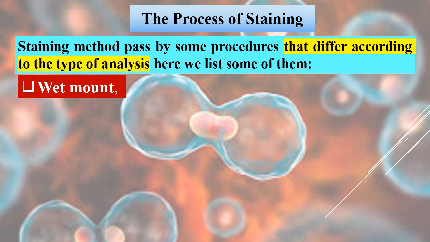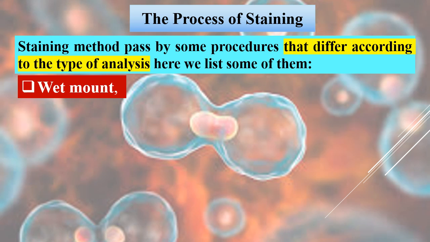So, with a few steps we can stain our organism. For example, the onion. And we will see in the next slide a video taken from YouTube that simplifies this. So with just a wet mount we can stain an organism.